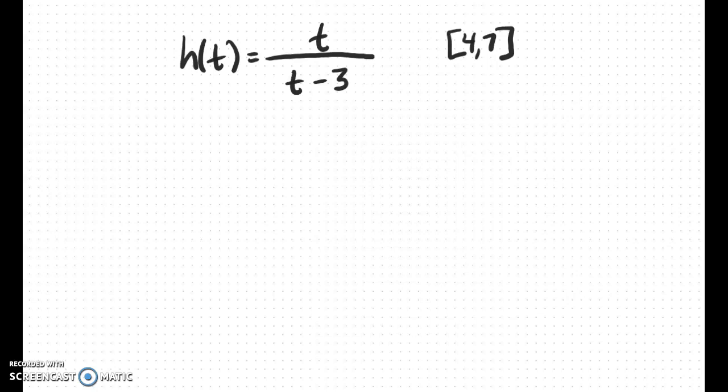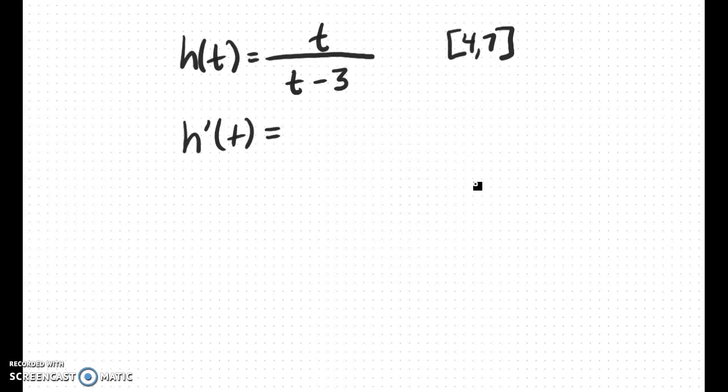So the first thing we're going to do is find the first derivative, so h prime of t. To find the first derivative of this h of t function, we've got an expression over an expression, so we're going to use the quotient rule.